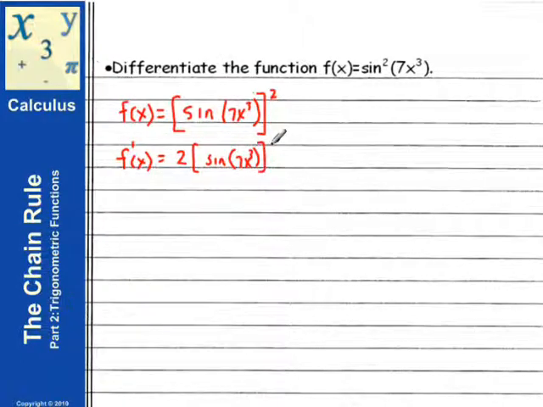to the power 1. So that was the general power rule, except the general power rule tells us we have to multiply with the derivative of what's inside. So now we've got to say the derivative of the sine of 7x cubed.